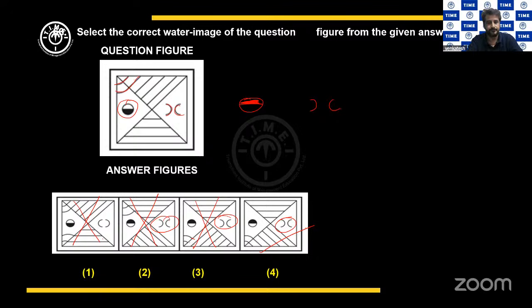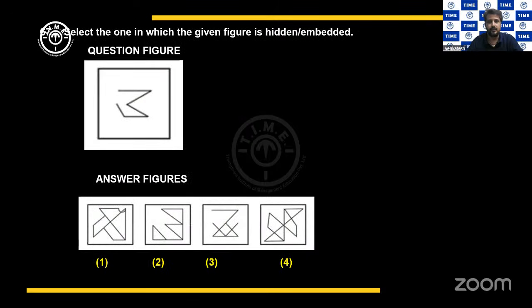Next one. Right. Now, embedded. Select the one in which the given figure is hidden or embedded. So we have to identify the embedded one. So which option is embedded? You can see here.